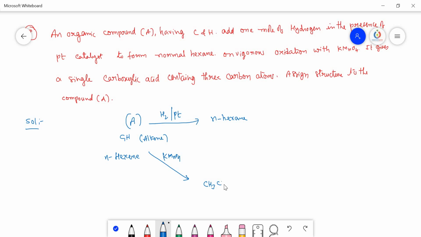So it is giving only one type of carboxylic acid, that too containing 3 carbon atoms. So the structure must be this one only with 3 carbon atoms. Apart from this, you cannot develop any structure with 3 carbon atoms, because COOH is a terminal functional group.